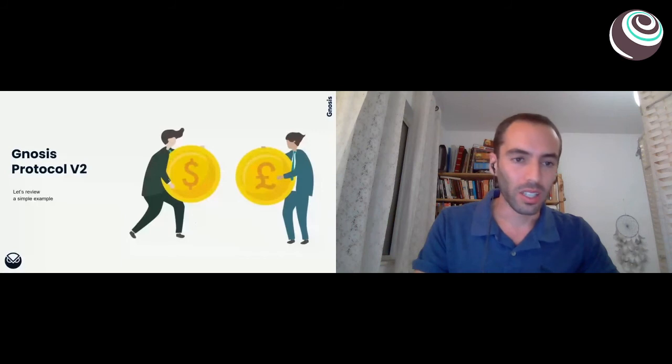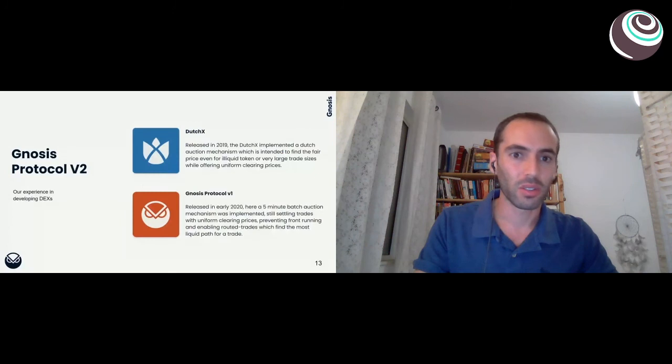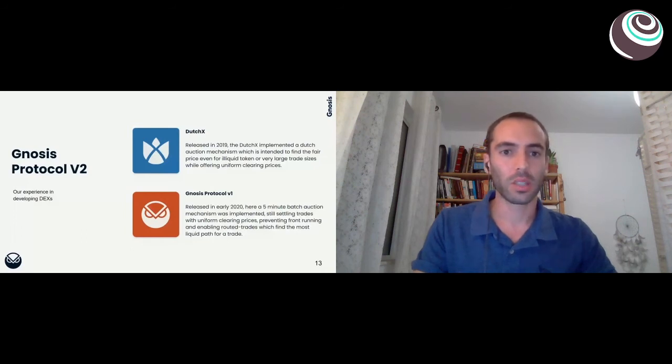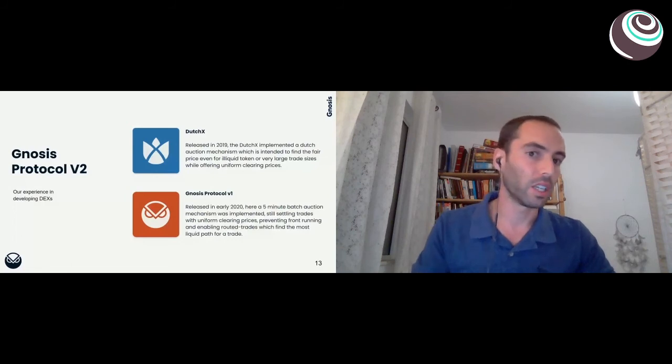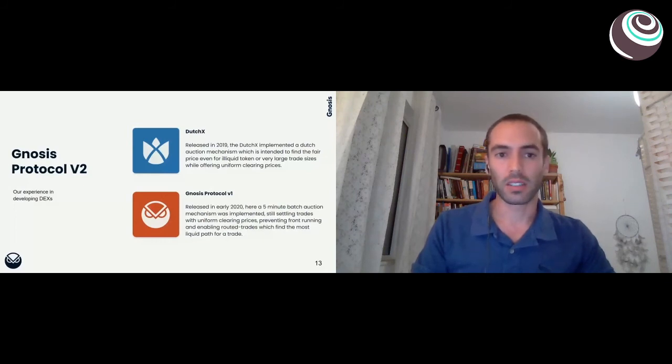I wanted to talk a little bit about our experience in building decentralized exchanges. So in 2018, we launched DutchX, and in DutchX, we implemented a Dutch auction mechanism, intended to find a fair pricing for even very illiquid assets or very large trade sizes, and there are some nice qualities like uniform clearing prices and front-running resistance.